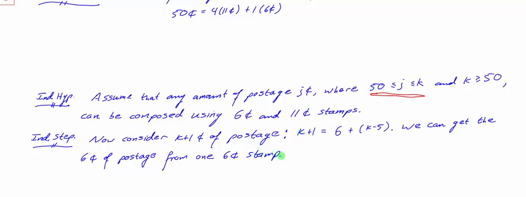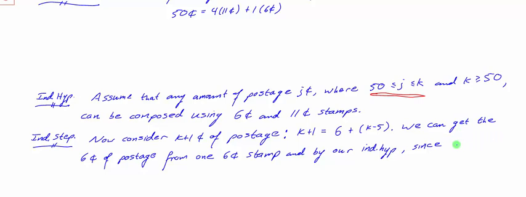And then by our induction hypothesis, since k minus 5 is less than k, we can just say less than or equal to, that's the range of j values that we're assuming it for. We could say strictly less than k, but it's also true that it's less than or equal to. And because that's greater than 50, now this isn't quite right, we'll need to fix that in just a minute.